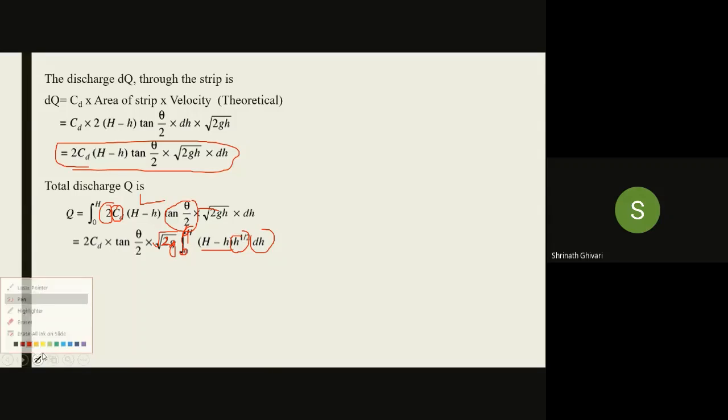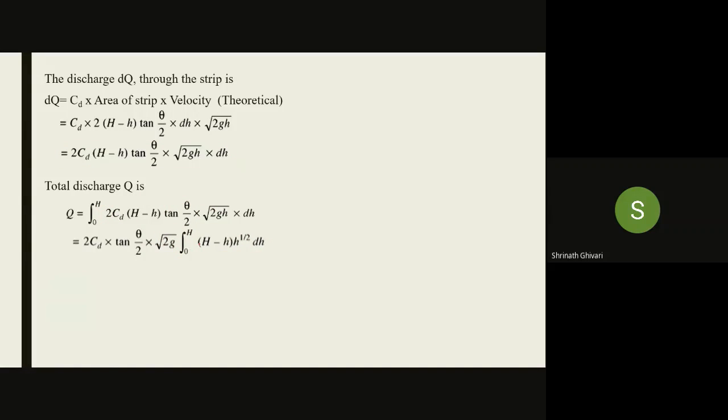The only difference between the previous one and this is, there it was h raised to half only, but here it is H minus h into h raised to 1 by 2 dh. Fine, calculate. Next, what are you going to do? Integrate this.